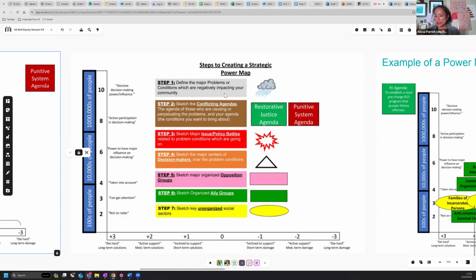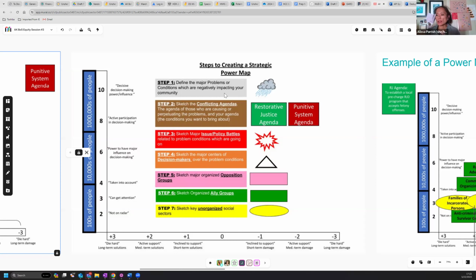Step 4 is to look at the major centers of decision makers. Who are those decision makers that are making decisions about funding in your community? Step 5 is the major organized opposition groups. So who are those against your agenda? Step 6 is to look at your ally groups. So who are those ally groups for your agenda?